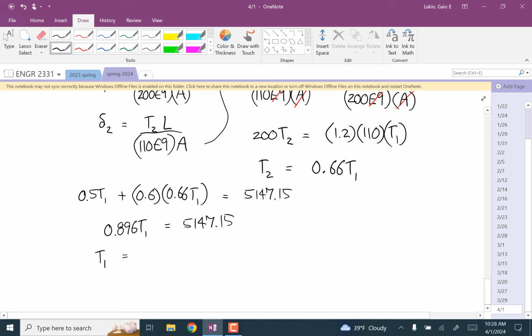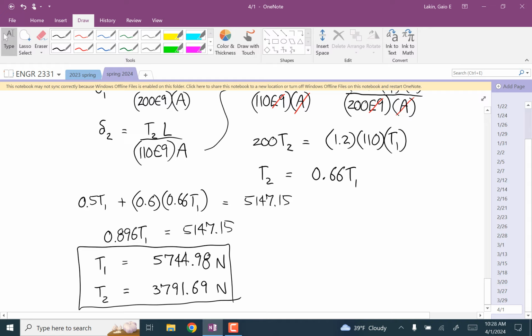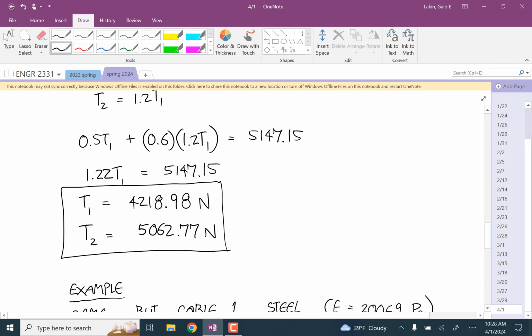So T1 is 5744.98. And T2 is 3791.69. So when those two were the same materials, we had the higher tension in the cable that was farther away from the hinge. Okay.